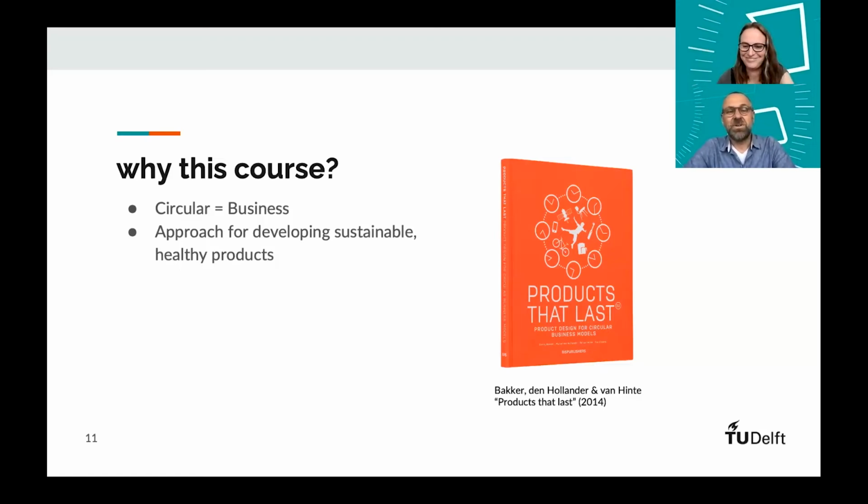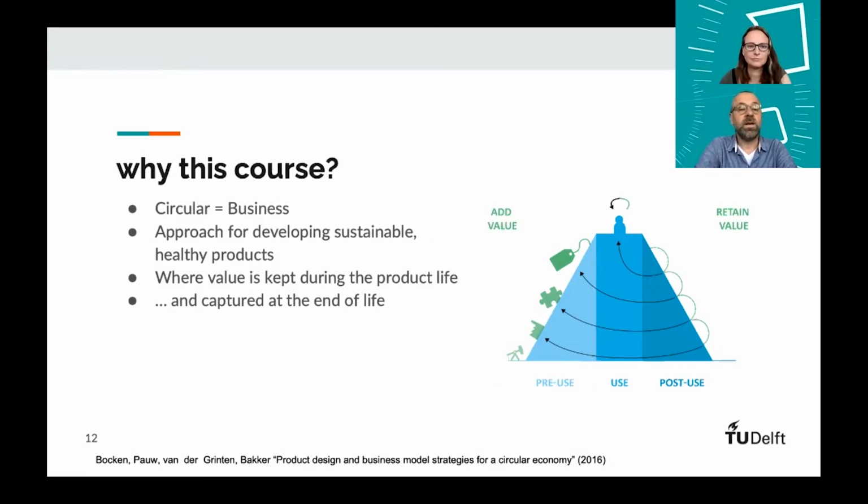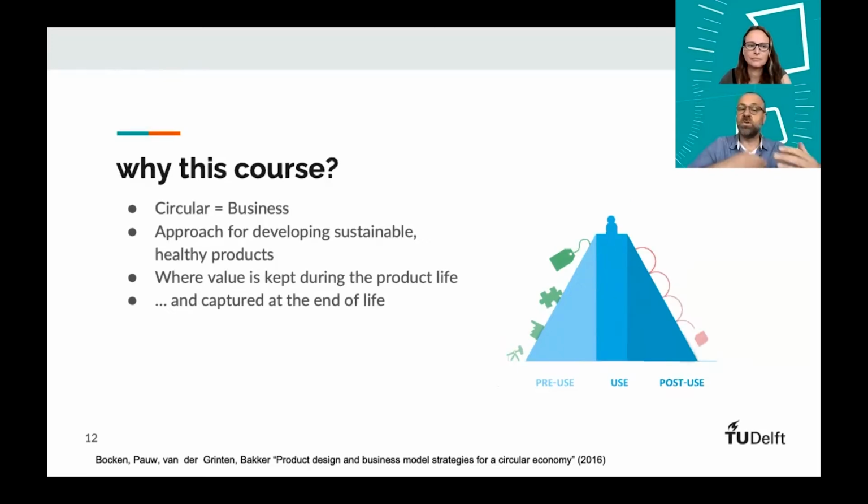Circular is the new business that provides companies with new opportunities with a sustainable future in mind, where value is captured for a longer period through repair and maintenance, maintaining a product, like you can see here at the top of the value hill. I don't know if people know this value hill, but it shows the build-up of how products are made.